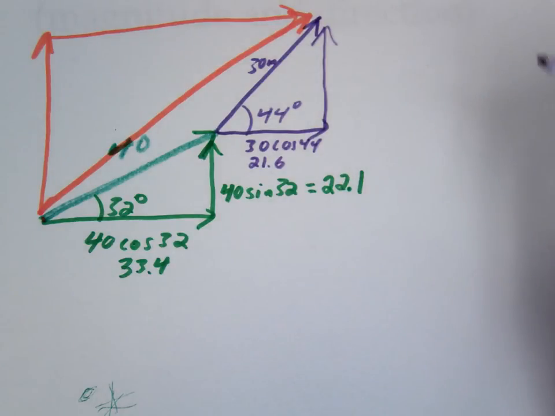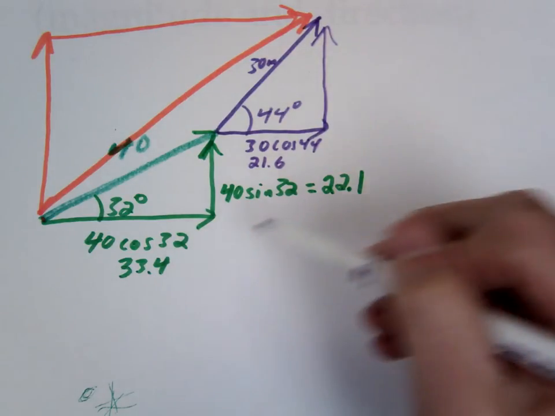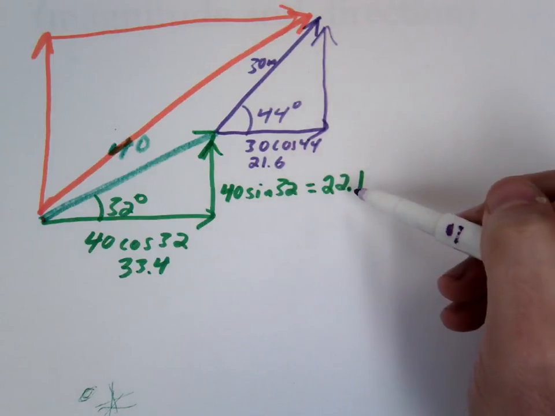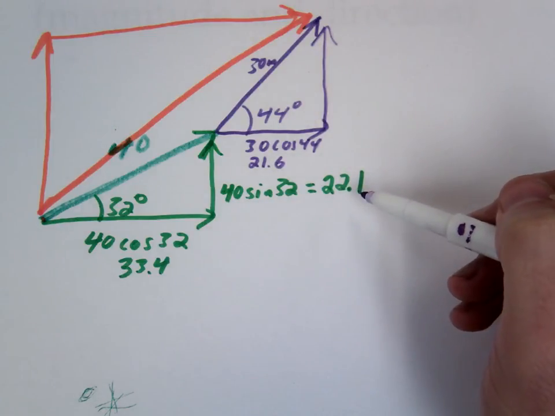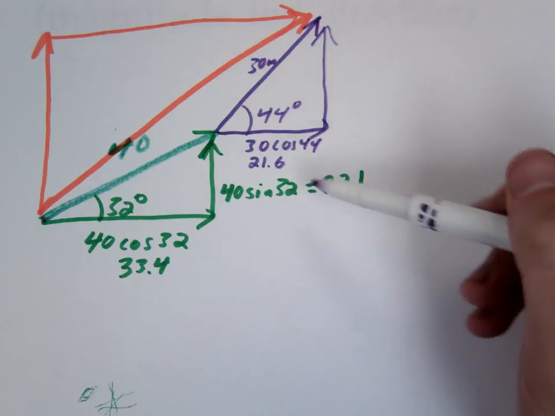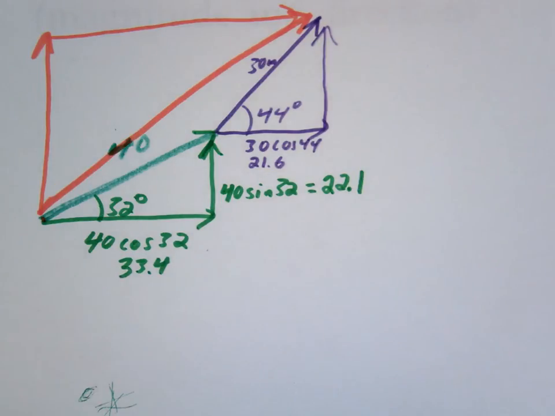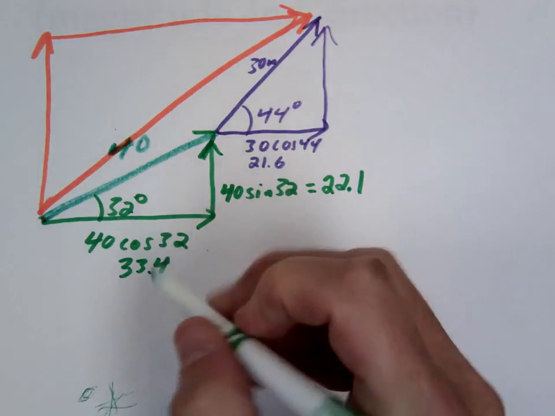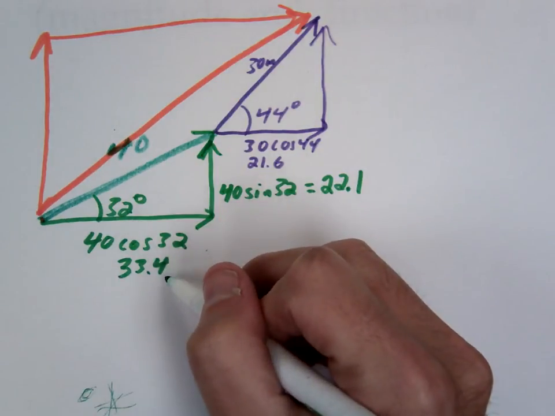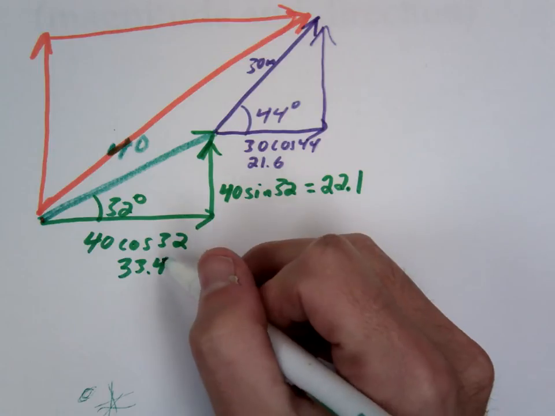21.6? Yeah. Are these being confirmed? Come on guys, we're recording here. Let's get it right. I got 33.9 for 40 cosine 32. That's what I got.